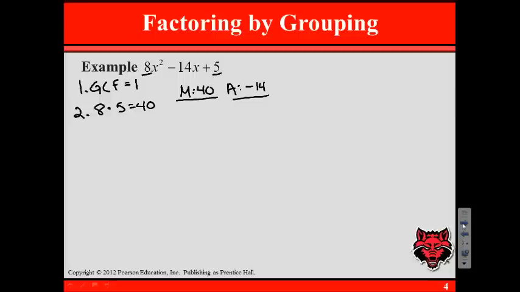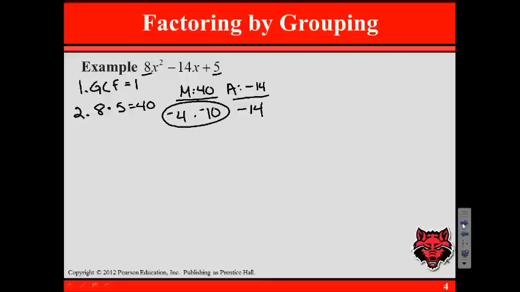But as we go through the list of factors for 40, we find that 4 times 10, and remember each of these must be negative, negative 4 times negative 10 equals positive 40, and negative 4 plus negative 10 equals negative 14. So these are the 2 numbers that satisfy both conditions.